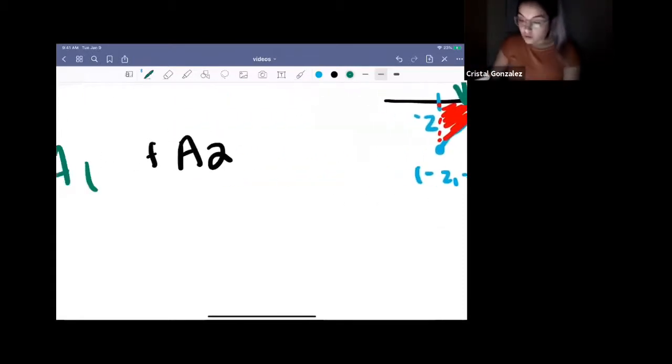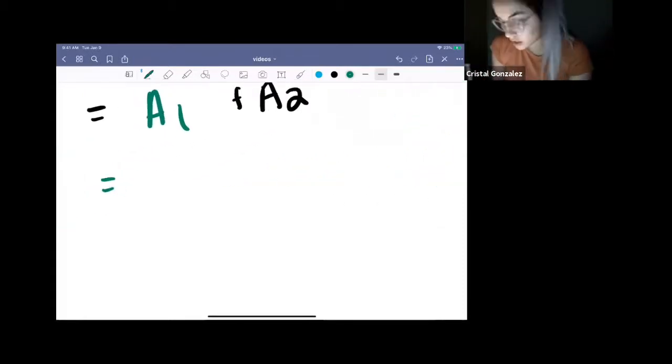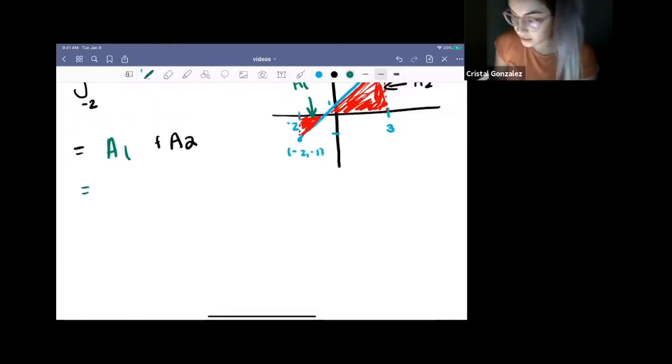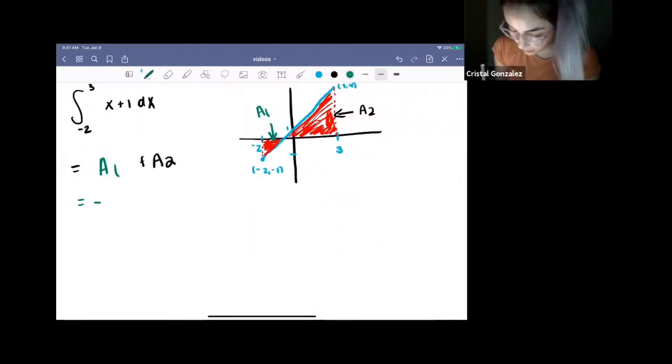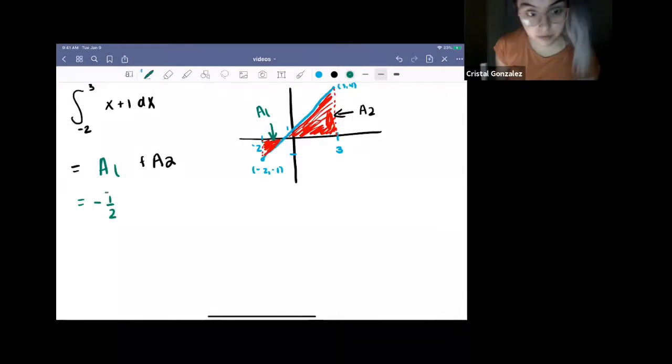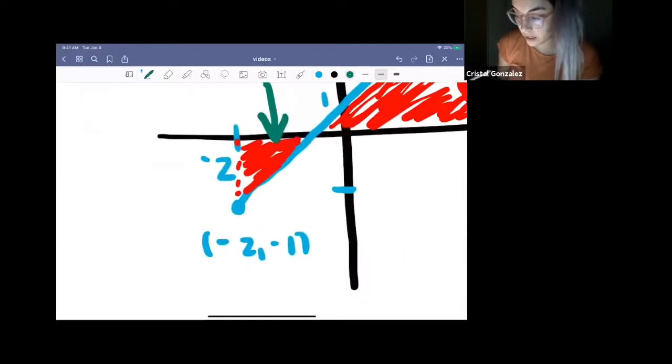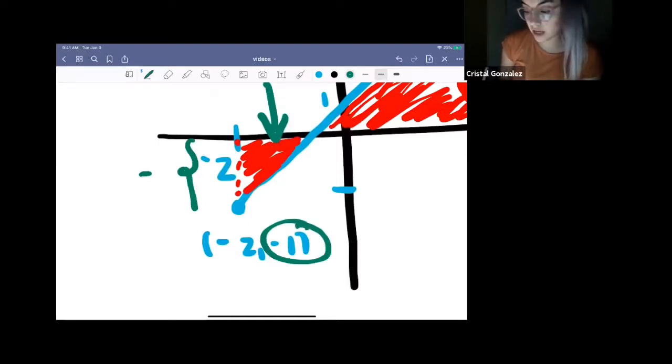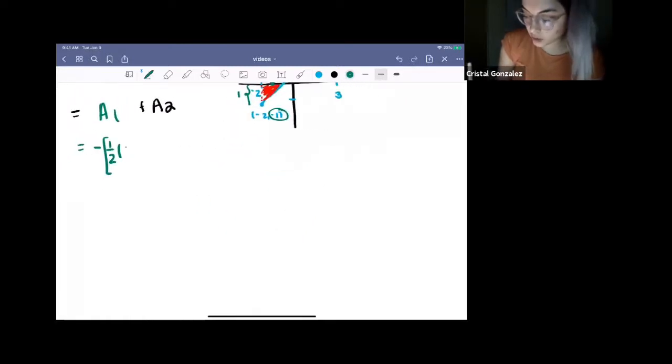So for this, since it's under the curve, it's going to be negative 1/2 base times height. And so my height here is actually negative 1. If you see on the y-axis, this has a height of 1, and this has a height of 1. So it's going to be 1 times 1. So that's my first area.